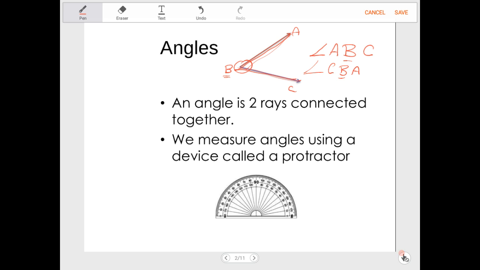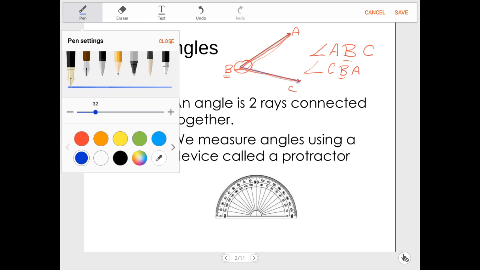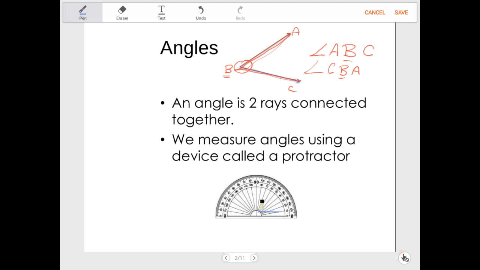What we use primarily to measure an angle is a protractor. I'm going to give you some practice with this, but I'm going to draw over this one for a couple of minutes. Let's pretend you had an angle that went from here to here.